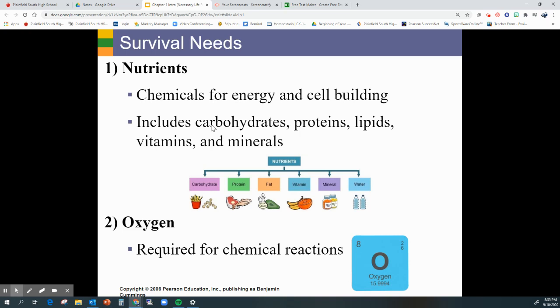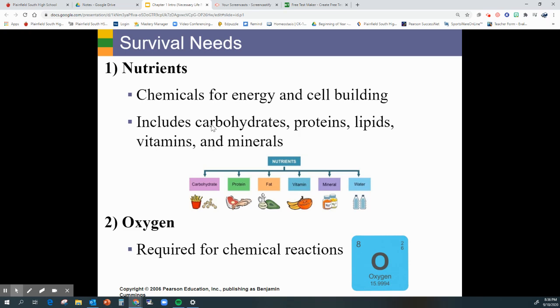Those basic nutrients, especially for us as living things, are carbohydrates, proteins, lipids, vitamins, and minerals. Vitamins would be things like vitamin B12, vitamin A. Minerals would be things like calcium, phosphorus. All of those basic things need to be able to come in so that we can make sure we have enough nutrients.